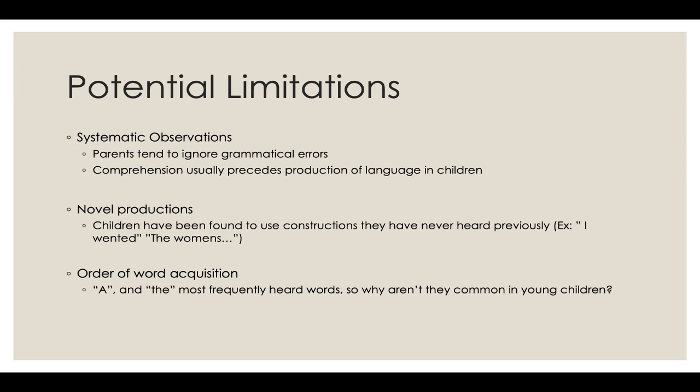Some limitations in this area, and to be honest, this is not a language acquisition model that I have studied in depth, and so I'm careful, but according to what I do know and even what your text presents, some limitations would be this idea that children often don't have great grammar in the beginning, but we don't always correct it.